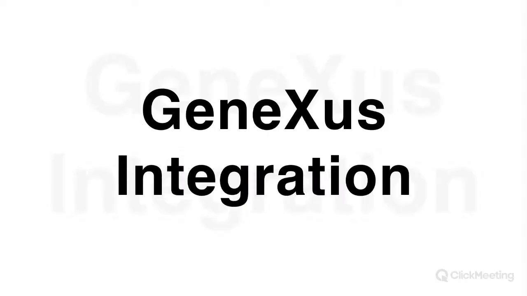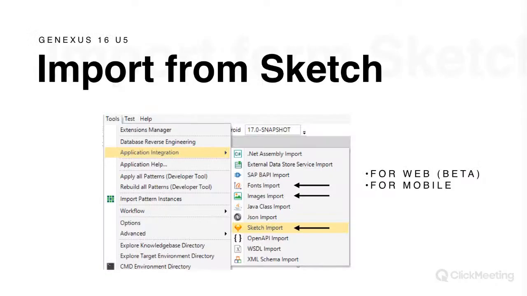Let's see how the integration with GeneXus works. The way to trigger the import from Sketch is in the GeneXus IDE: select Tools from the menu, go to Application Integration, and then with the black arrow you have the Sketch import, which is going to read the Sketch project.